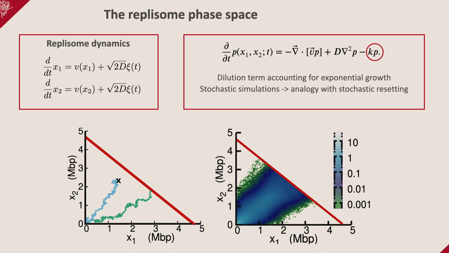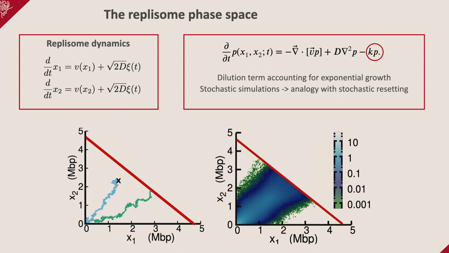So this equation can be, in simple cases, depending on the choice of the velocity and the diffusion coefficient, solved analytically, or it can be solved numerically using an analogy with stochastic resetting. So I can interpret the dilution term as a resetting term where I follow these dynamics, and then I can restart essentially from the origin.